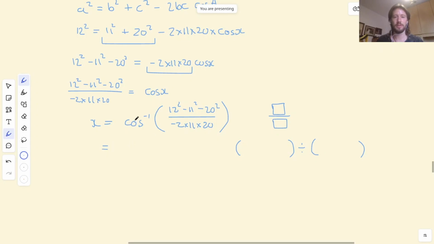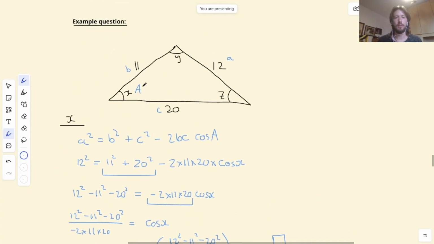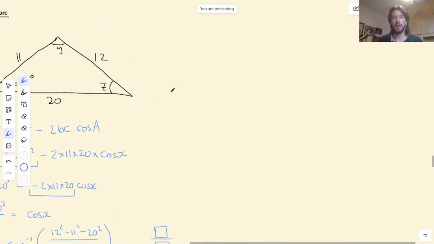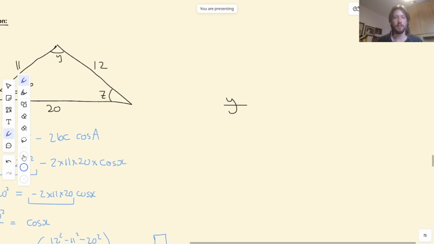Putting this value into the calculator, you'll get that x equals around about 31 degrees. And there we go. We found that x equals 31 degrees. Now, we could repeat this process to find z and y. If you want to find y, all you have to do is relabel your sides.